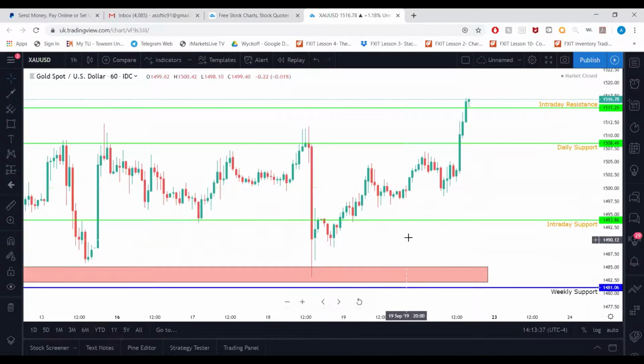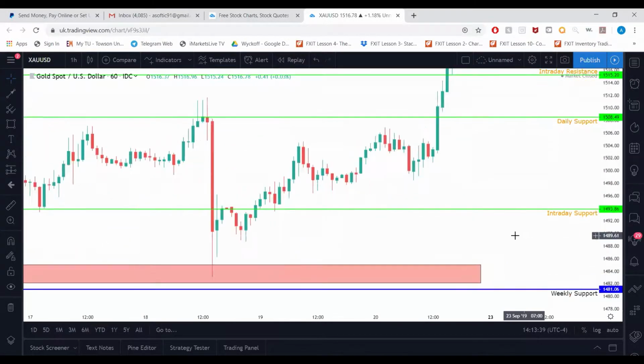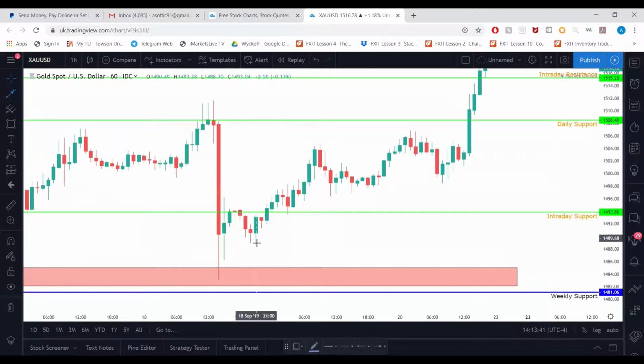For my eyes, a good entry looks like this: we have one rejection, then this indecision candle, and then we see price slowly climb up, then make a double bottom, or W, just underneath the support, and then it continues rallying back up, right?